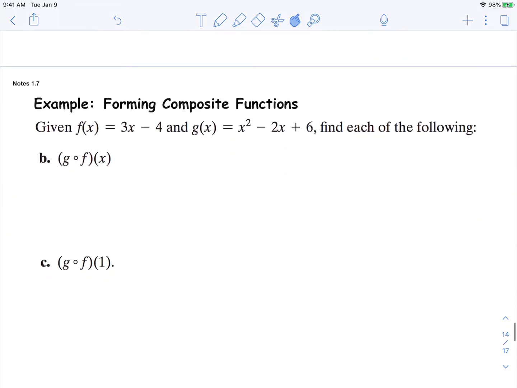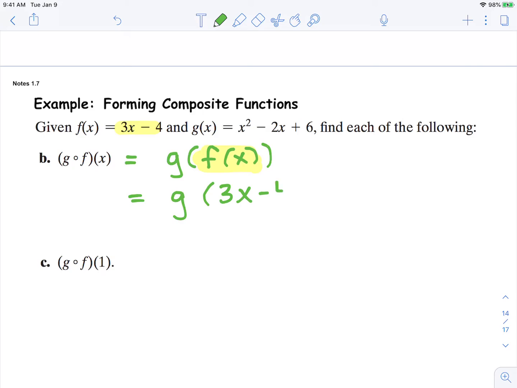Now we're going to do the GOF. So we say g of f of x. So we're going to do the opposite order. So we're going to take this f of x function and put it right here. Now we're going to work backwards.